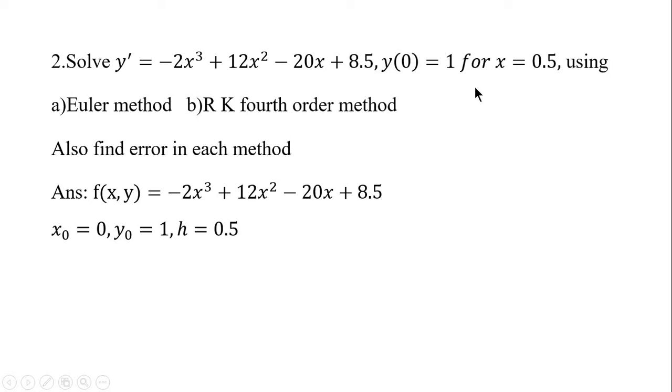Since h is not given, and we have two different methods to solve and it takes too much time if you are taking h as 0.1, I am going to take h directly as 0.5. Because we have to find out the value of y when x equal to 0.5 within one step, I am taking h as 0.5 itself.